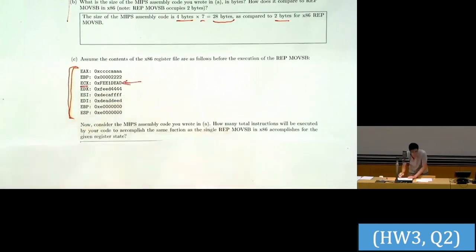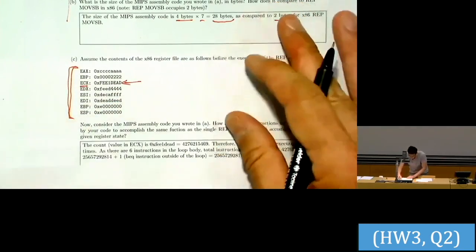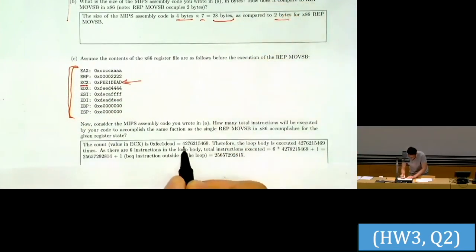As you can see, this register ECX has this value. This is hexadecimal representation, but if we convert it to decimal representation, it is this number here.